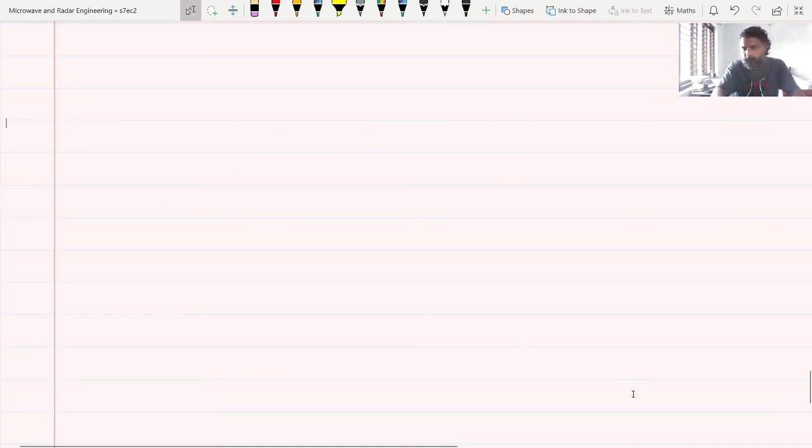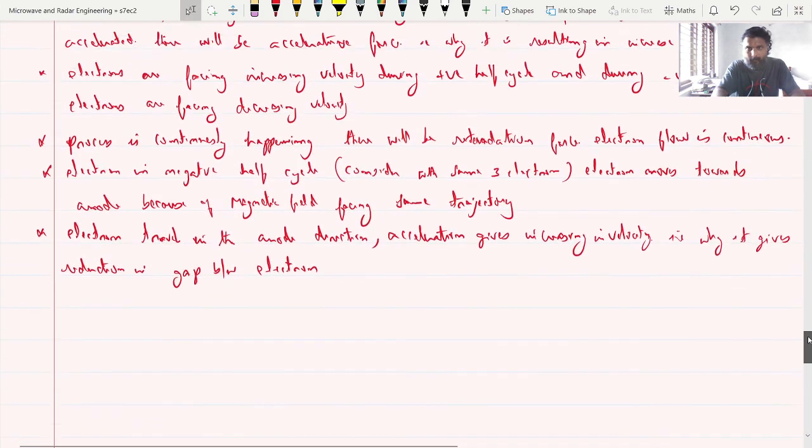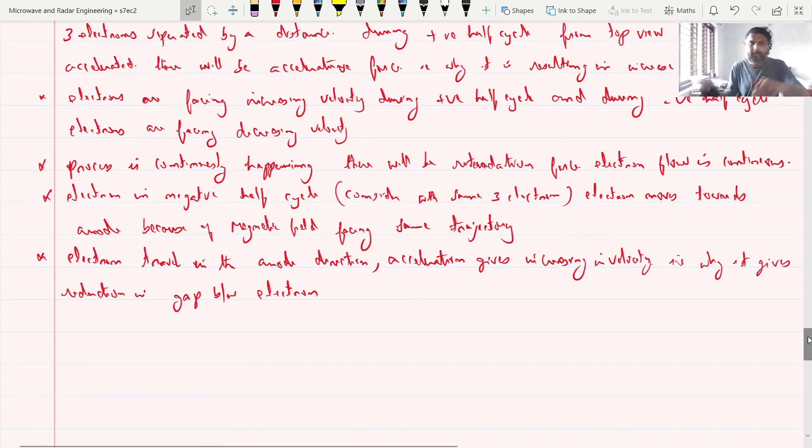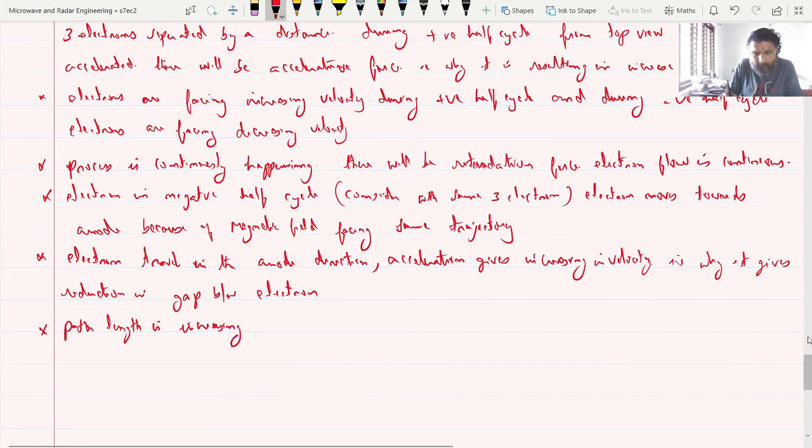That is why it gives a reduction in the gap between the electrons. So finally, the path length is increasing. This path length is increasing in length.